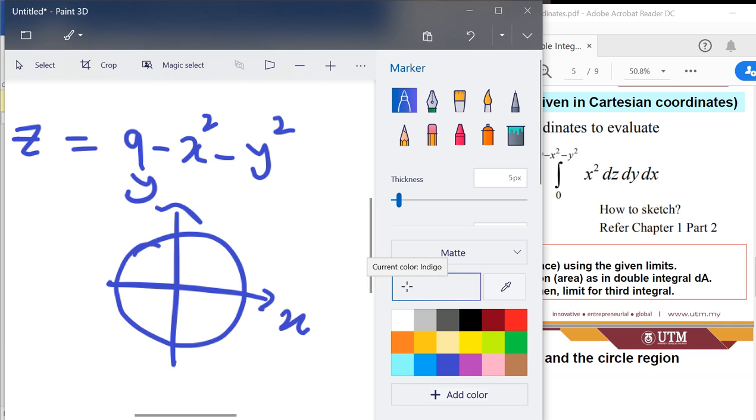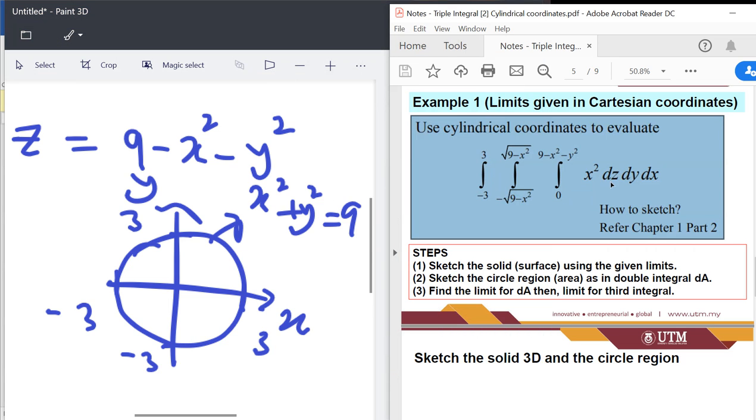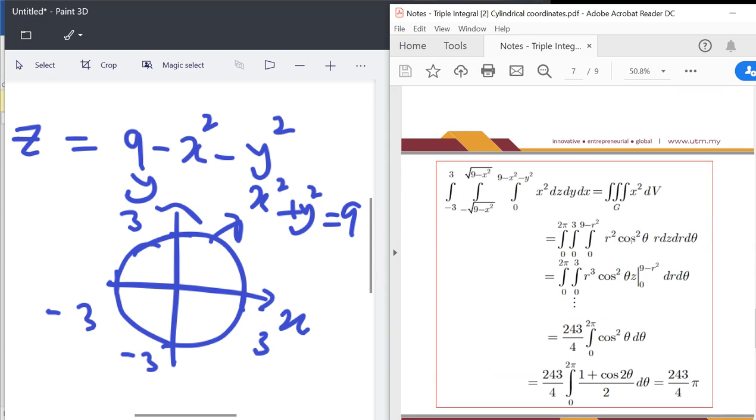These values are 3, 3, -3, -3. The equation for this circle is x squared plus y squared equals 9. Then we convert into cylindrical coordinates.